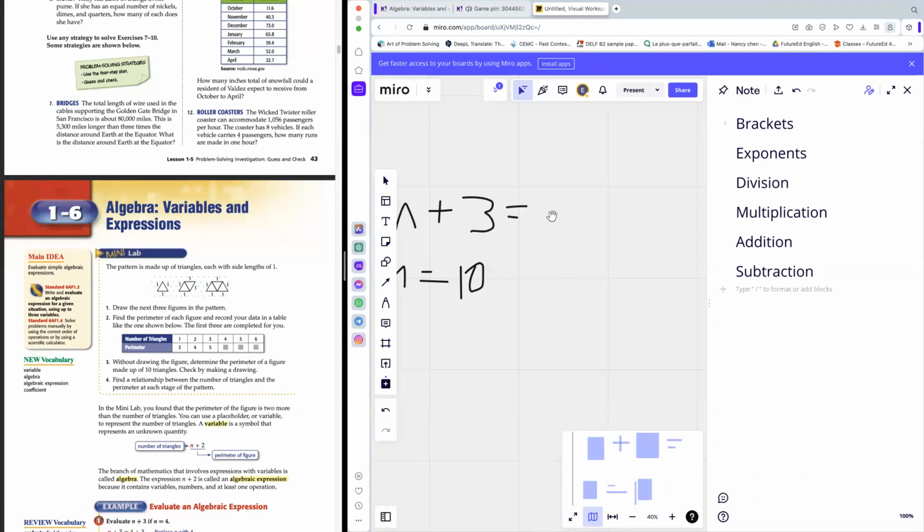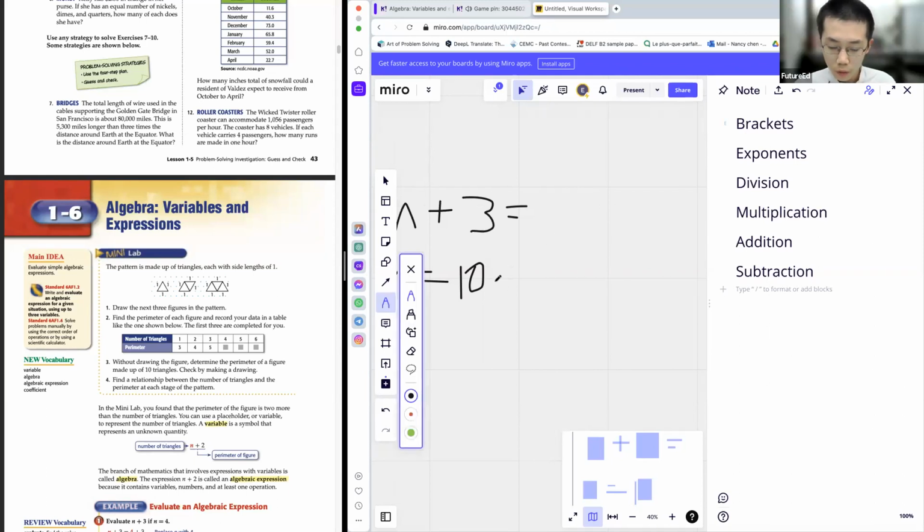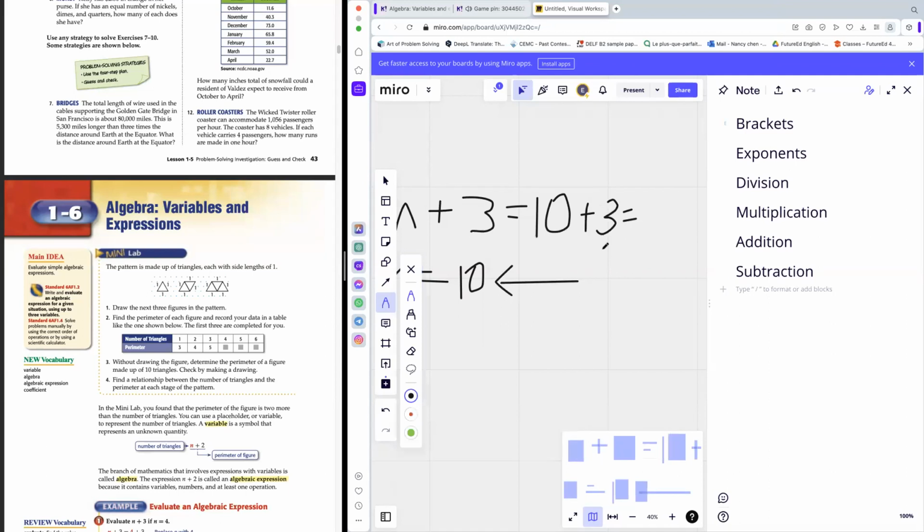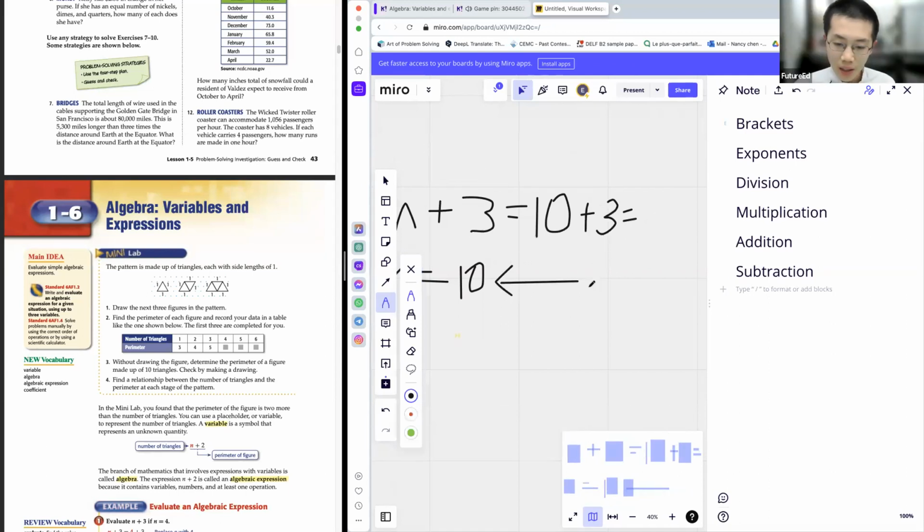Okay, so if I substitute it in, that's what it's called. If n actually has a value, in this case 10, you would substitute it in. So you would put 10 plus 3. But if it's n plus 3 equals 10, then n equals 7. Well, okay, that's another case. That would be how you would solve for n. But right now, we're substituting n into the expression, right?